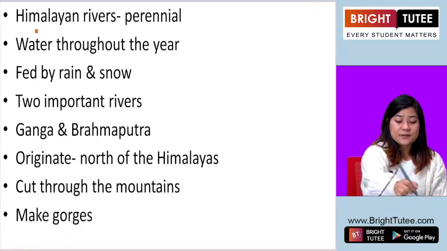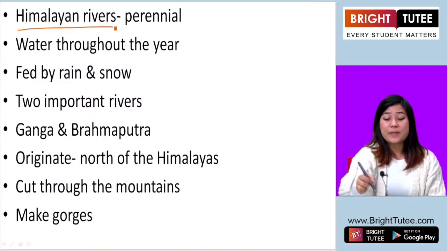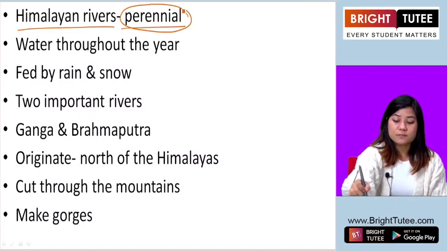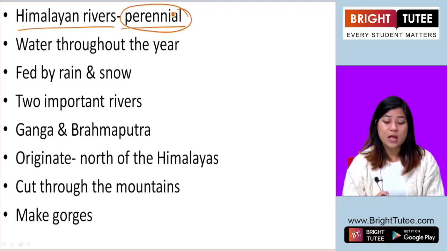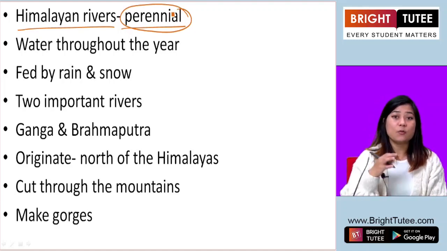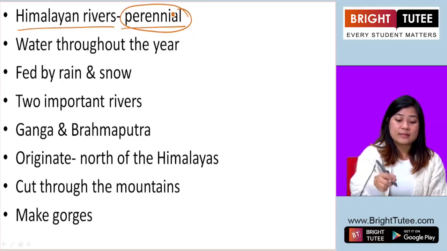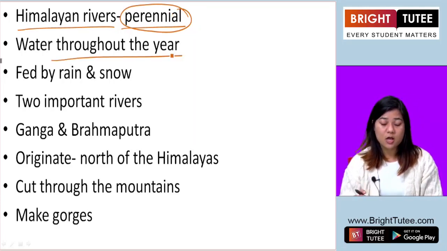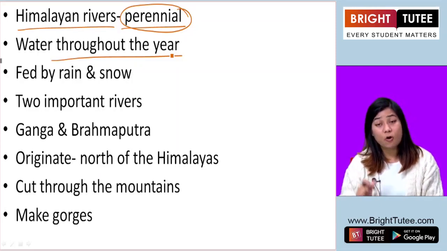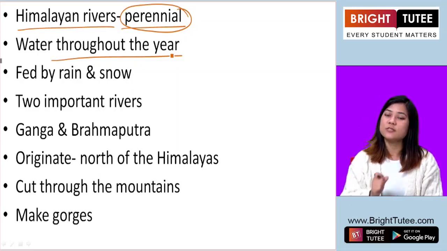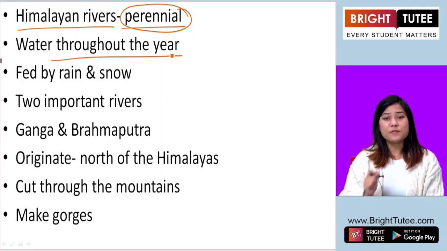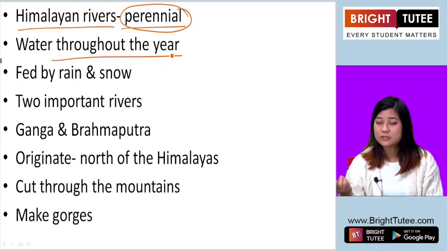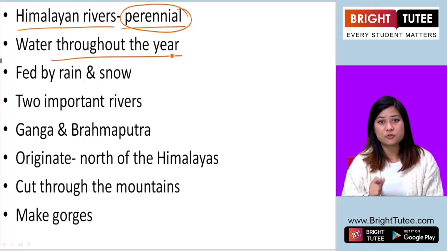Now, the Himalayan rivers are perennial. This perennial is a new term for you. What does perennial mean? Perennial means that the water is present in the river throughout the year. Even in a very hot summer season, the water does not dry up. Even if it's winter, which can be dry, even if it gets cold, the water does not dry up.